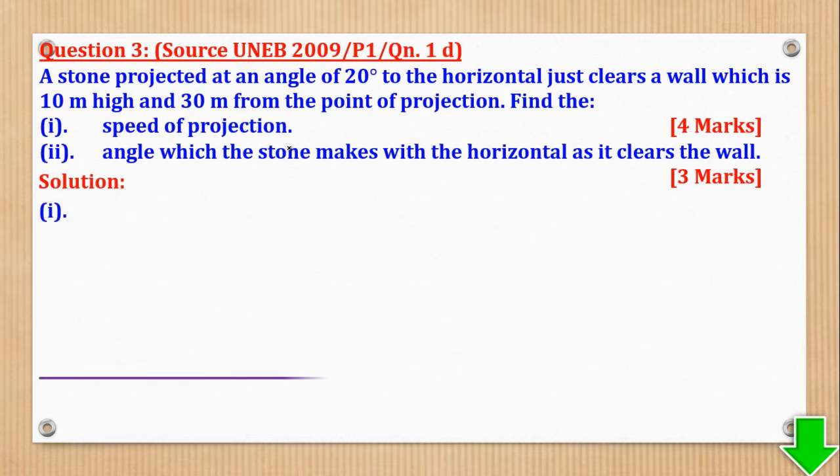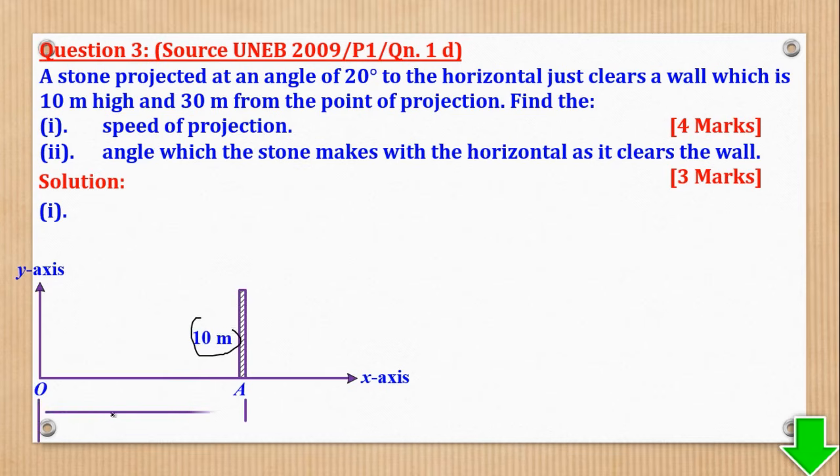So here I shall need to make a sketch to illustrate that. This will be the wall, which is 10 meters high and 30 meters from the point of projection. Point O is the point of projection. They told us the speed is unknown, but the angle at least is known.